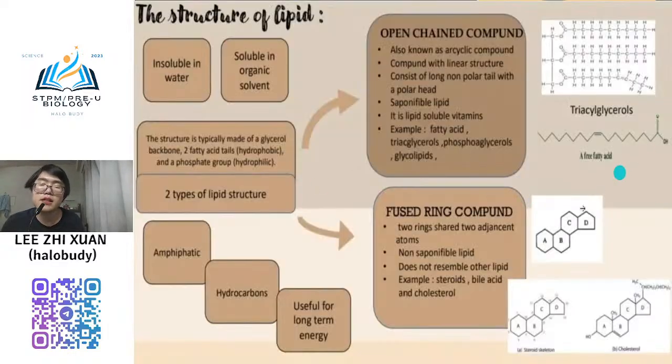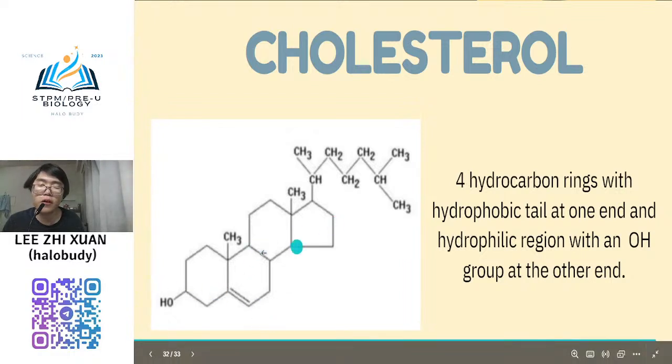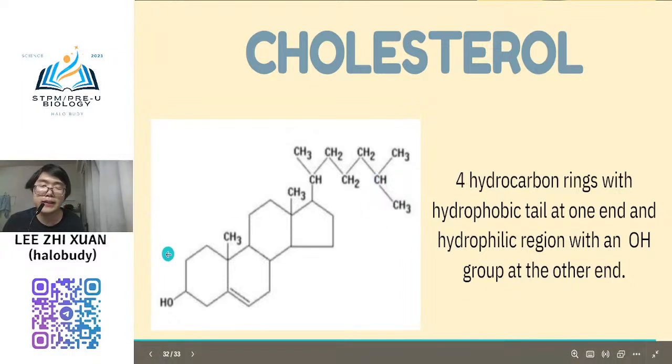Okay, so this is just a repeat. The cholesterol structure has 4 hydrocarbon fused rings, with the hydrophobic tail at one end and the hydrophilic region with the OH group at the other end.